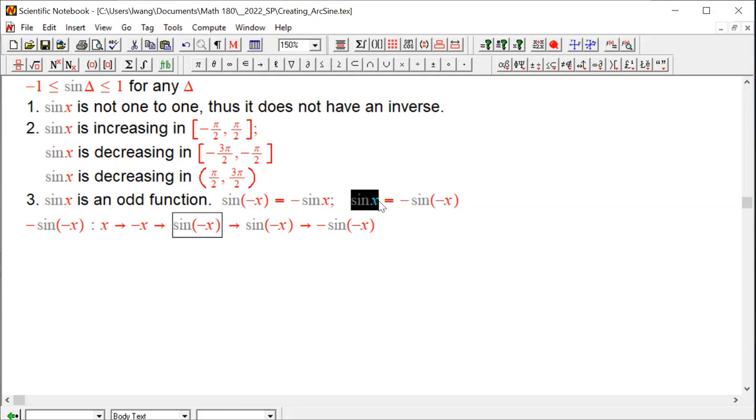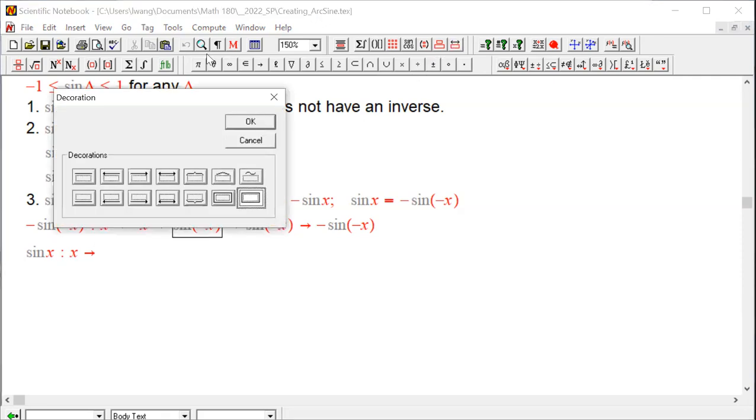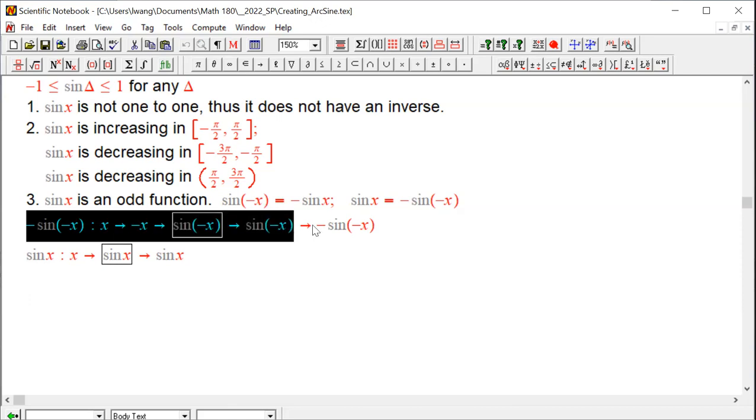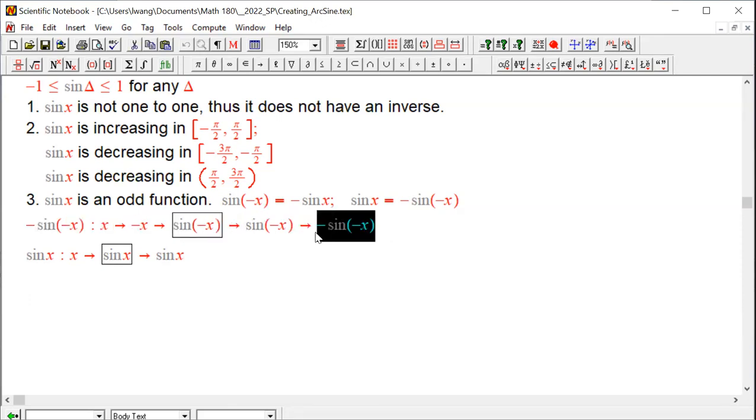Versus sine x, which is a different order: x, just give it to sine, and it produces sine x. So as an odd function, the final output is going to be the same as this one.